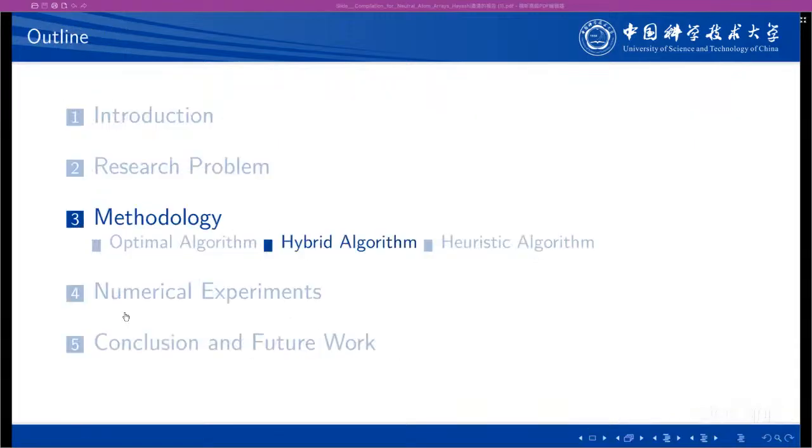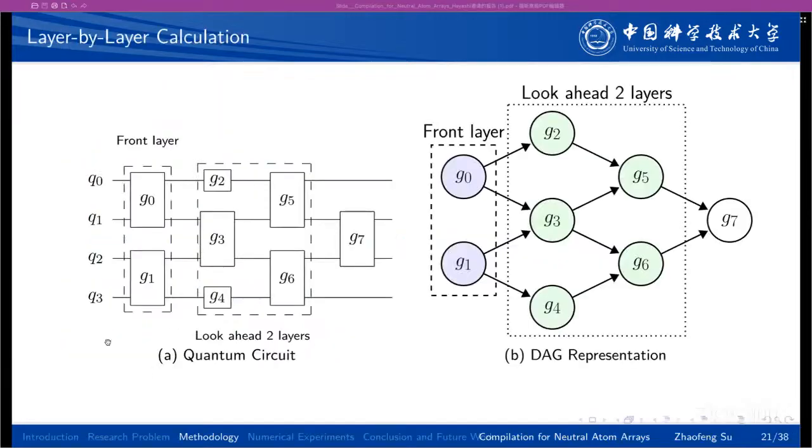Second, we developed a more practical algorithm. We call it a hybrid algorithm. We divide the circuit into different layers, so that for each layer the problem size gets small, and then we use the SMT solver to solve the small problems, and finally we can get a more practical result.